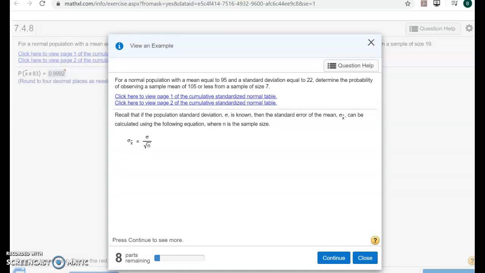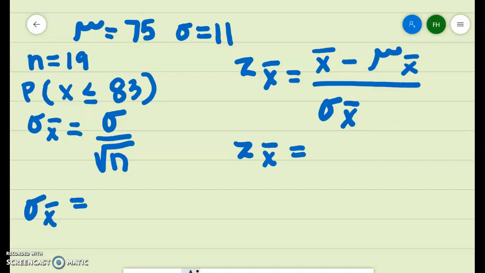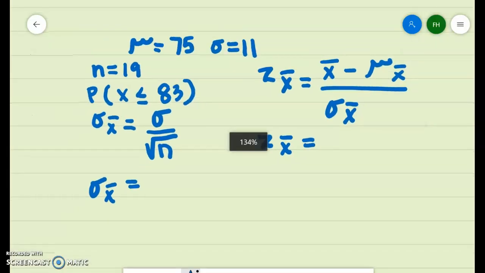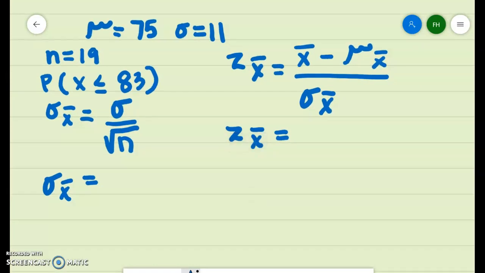Remember, if we know the population standard deviation, then we can figure out the standard error of the mean. And so that is going to be our first step. So I've set the problem up here. And so to do the standard error of the mean, we're given our information up here at the top.